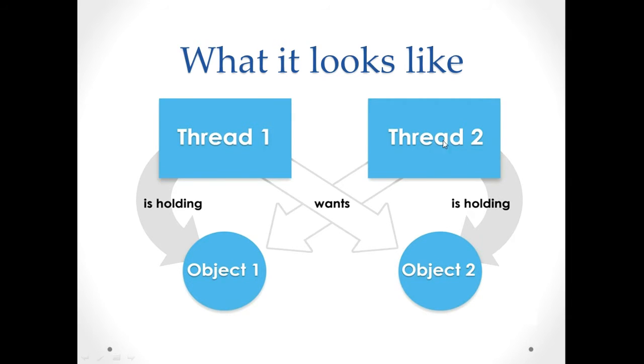But thread 2 is already holding a lock on object 2. And thread 2 is trying to acquire a lock now on object 1, but it can't acquire that lock because thread 1 already has a hold on it. So as you can see here, this would result in a deadlock type situation.